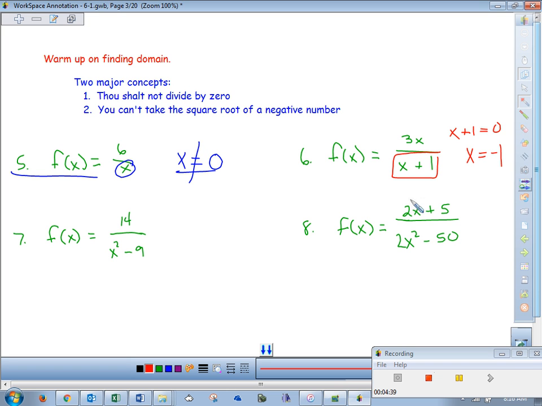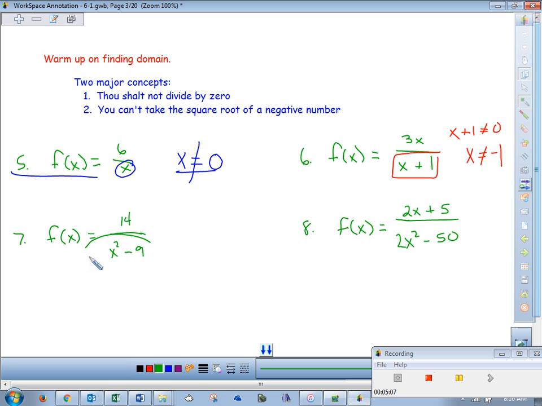So out of all the numbers in the world that you could pick for x, what is the number that you can't pick for x? You can't pick -1. So it's almost like instead of saying x plus 1 could equal 0, you could say x plus 1 cannot equal 0 and solve for x. You know what I mean? And x cannot equal negative 1.